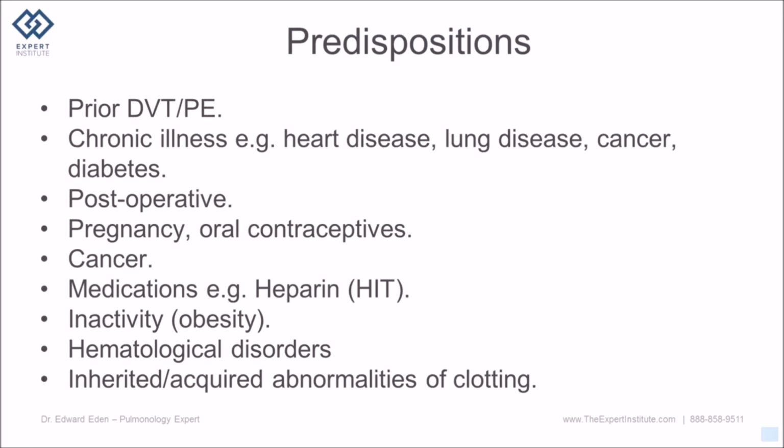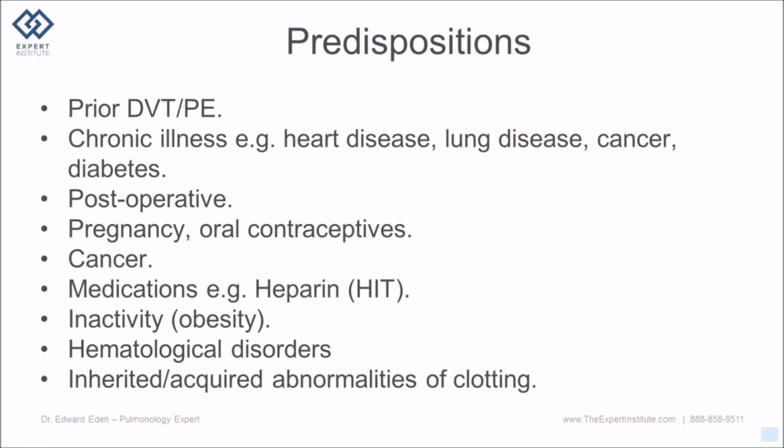So prior venous thrombosis or pulmonary embolism, particularly chronic illnesses, especially heart disease and lung disease. Cancer is a very high predisposer for pulmonary embolism and DVT. Post-operative cases, particularly orthopedic surgery, is well known to increase the risk for pulmonary embolism and DVT.